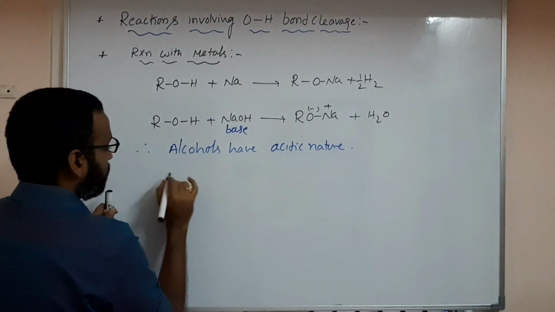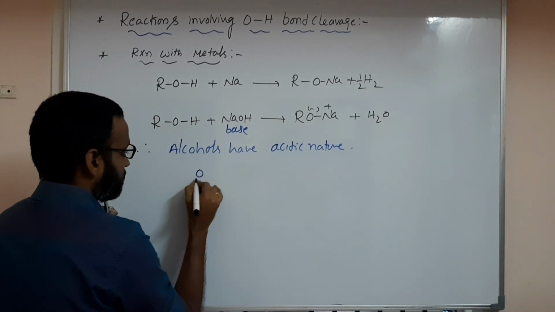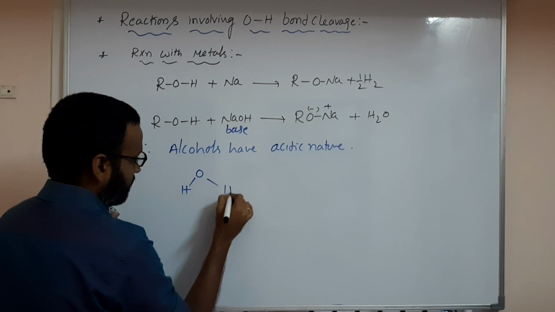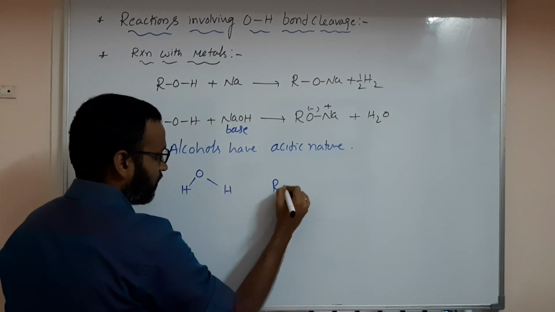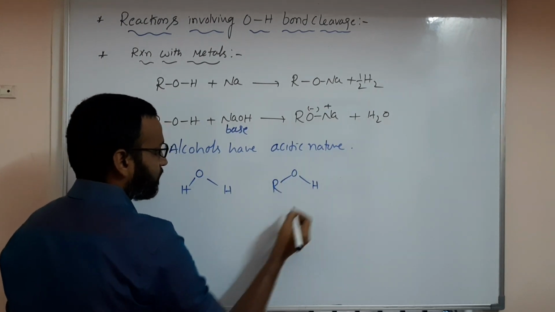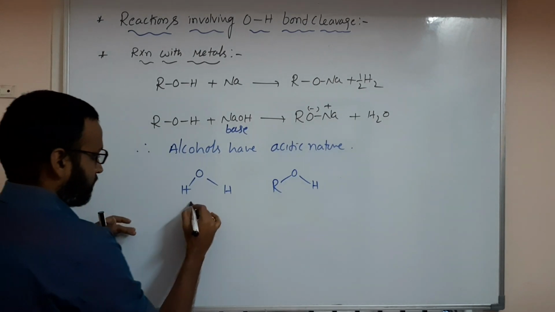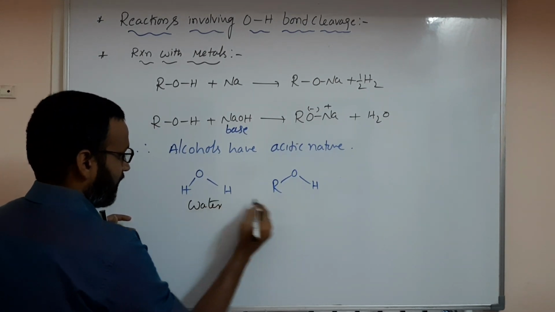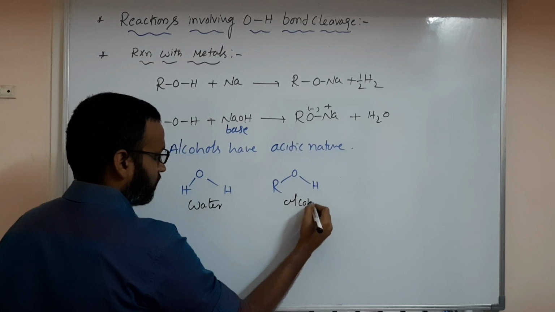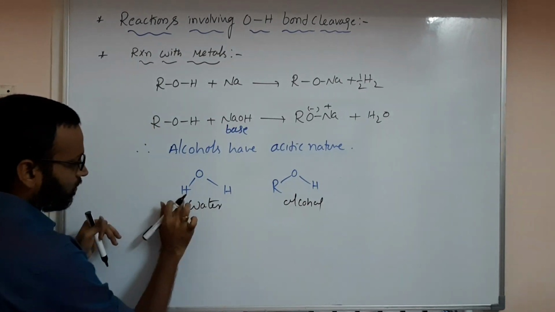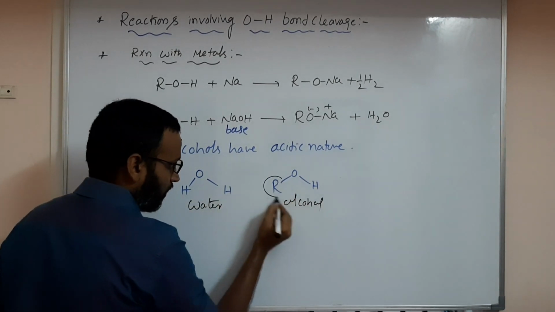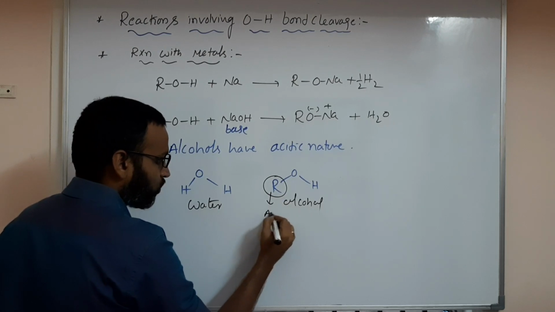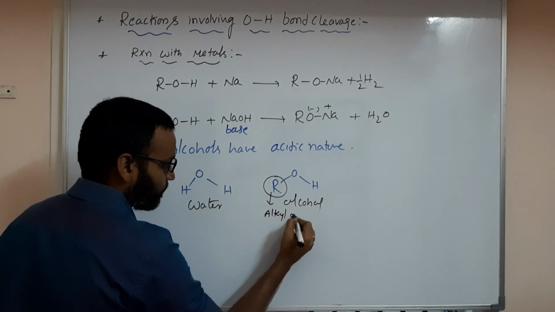Okay, so in these alcohols, see R, O and H. This is water, and this is alcohol. In water, both are hydrogens, but in alcohol, the R group is there. What is the R group? Alkyl group.